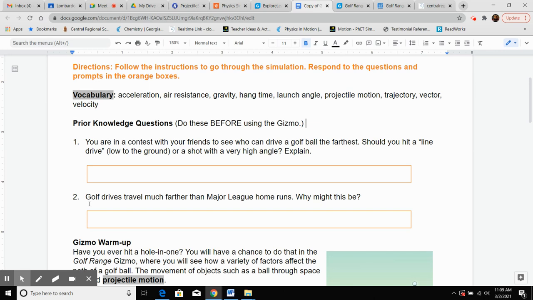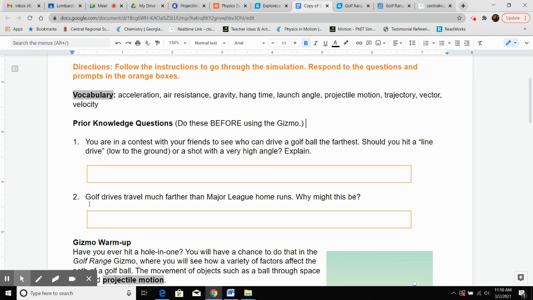Probably the golf ball. Well, does it mean then that the lighter the object, the farther it's going to go? That may have something to do with it.